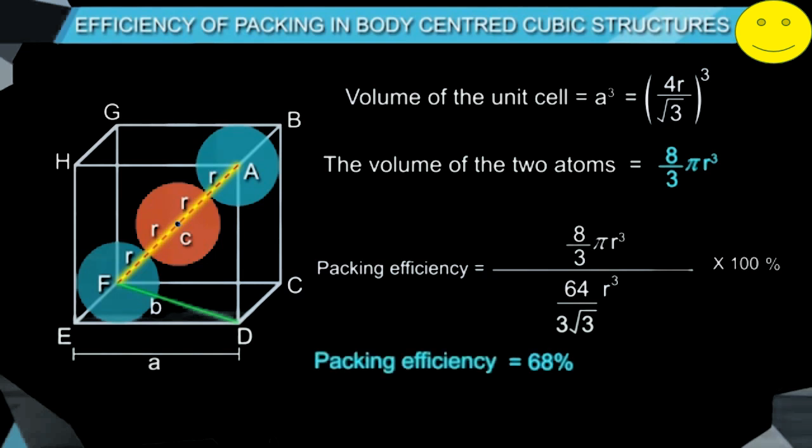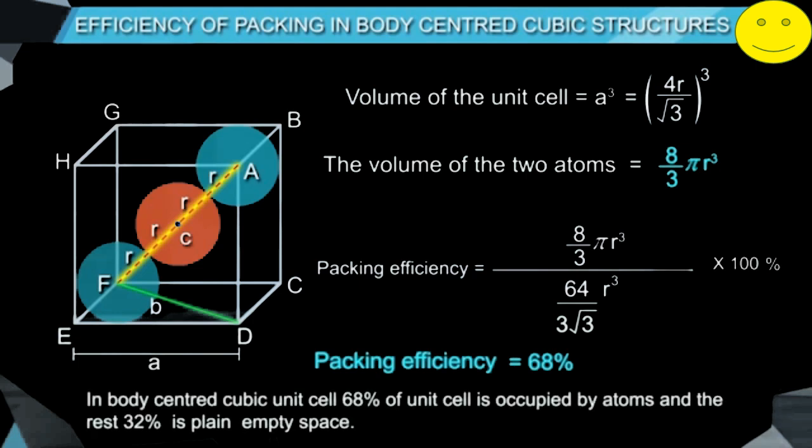In the triangle AFD, AF square equal to AD square plus FD square. The body diagonal is equal to 4r.